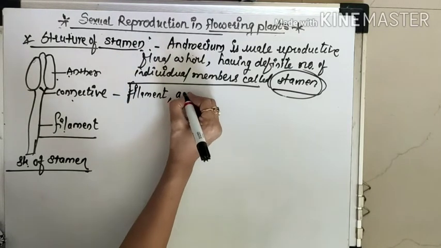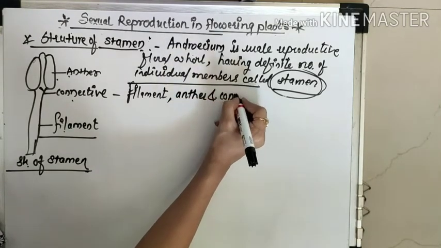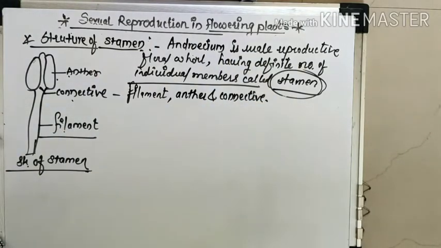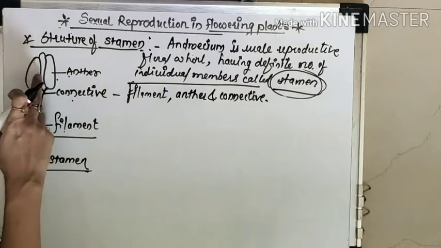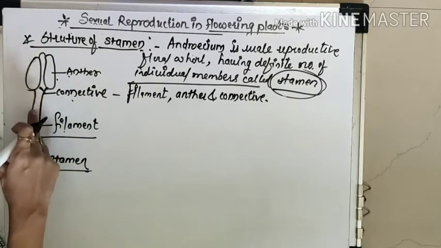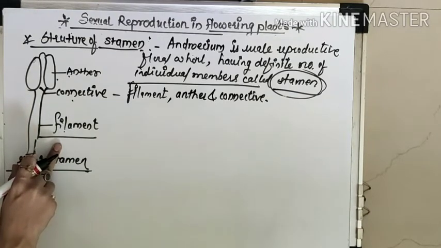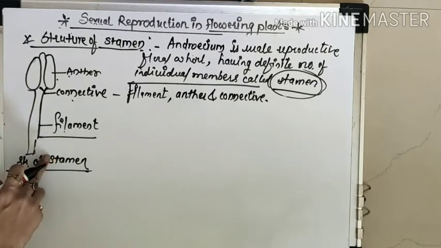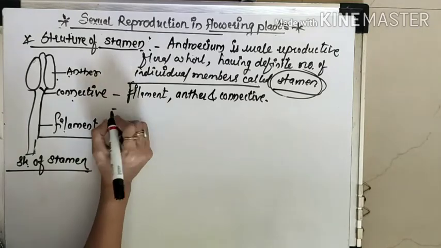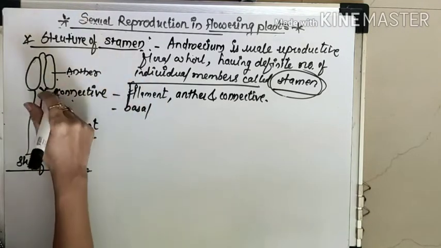This portion is known as anther, this portion is known as connective, and this portion is called filament. The filament is the basal part, present below.